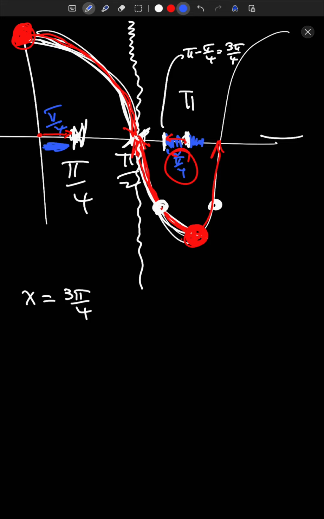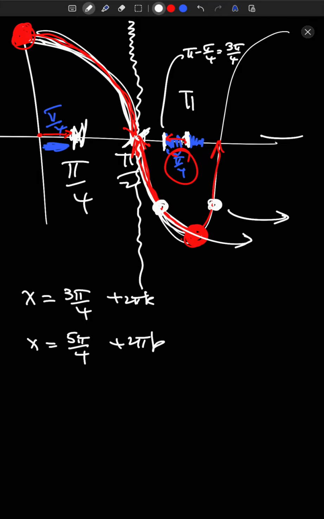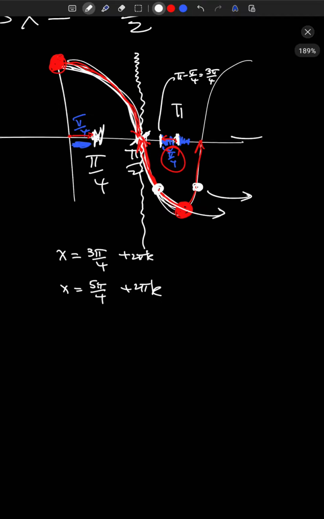If I move right a pi over 4 from pi, I would end up at pi plus pi over 4. That would be 5 pi over 4. Okay, so those would be my two core solutions. And then I replicate, so plus 2 pi k, and that gives me all my solutions.